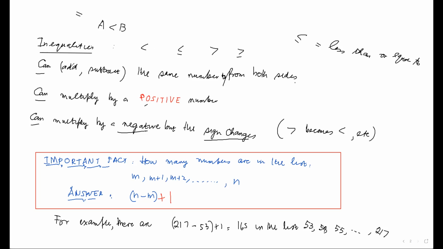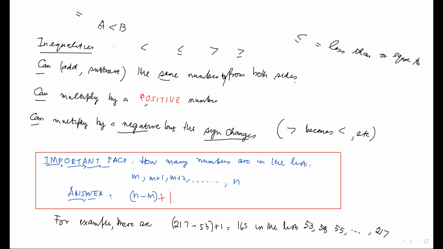When you have an inequality, you got some object less than something else, some number. You can add the same number to both sides. I can say a plus 1 is less than b plus 1. You can even subtract. A minus 5 is less than b minus 5. You're allowed to do that. You can multiply on both sides, but you can only multiply by a positive number. You can say, for instance, 5a is less than 5b, 100a is less than 100b, right?